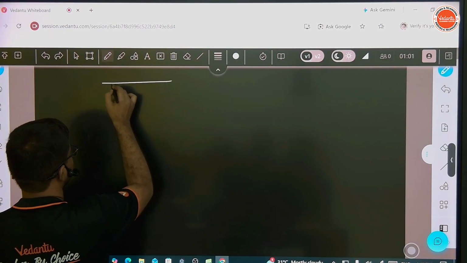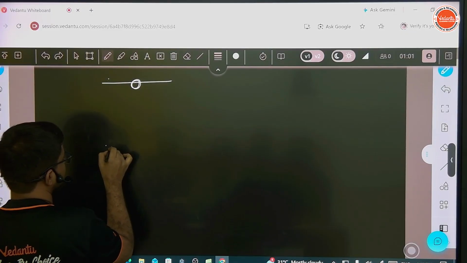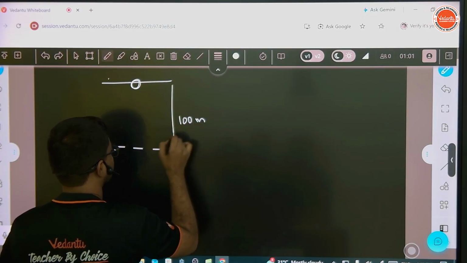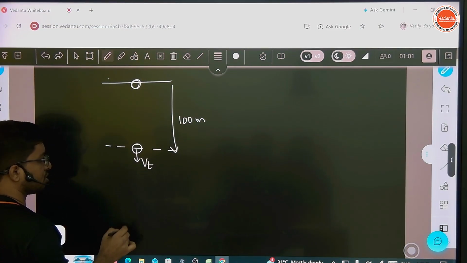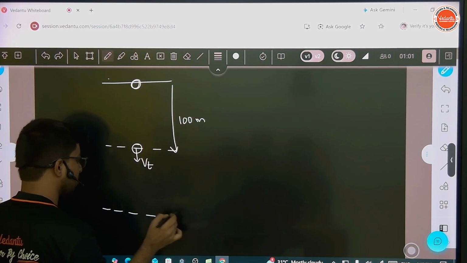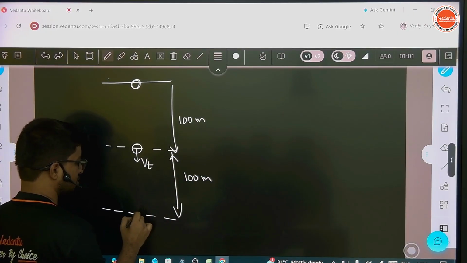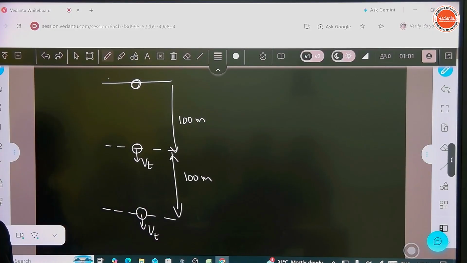Let us say from this level, a sphere is dropped over here. After falling the 100 meters over here, it has acquired some terminal velocity, and I'm also looking at the next 100 meters, where its velocity is still the terminal velocity only. Understood? Right.